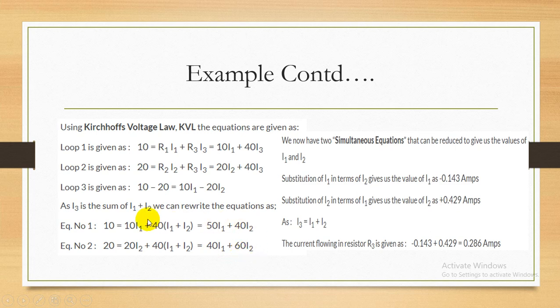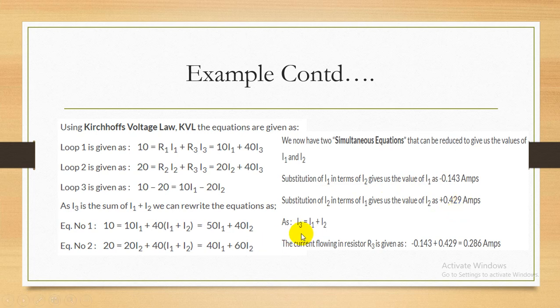So these two are the equations we have, and there exist only two unknowns, I1 and I2. Two equations, two unknowns. When you apply the matrix formula to find I1 and I2, we get I1 as minus 0.143 amp, I2 as 0.429 amps.